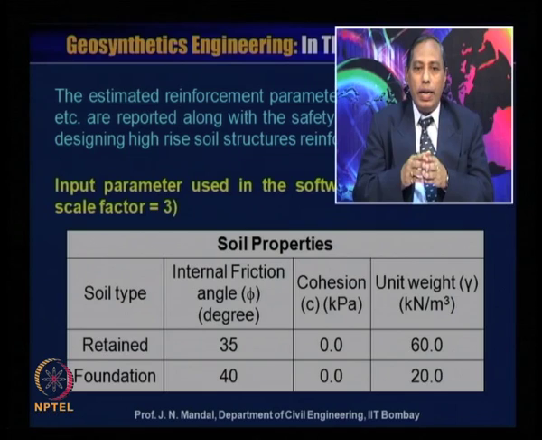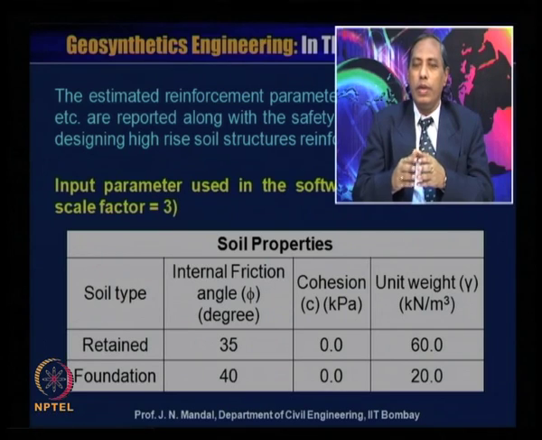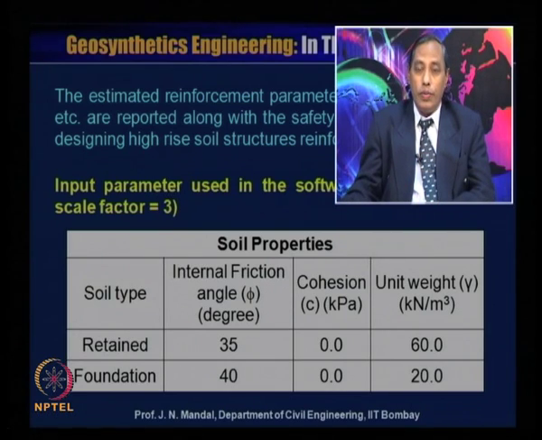The internal friction angle phi is 35 degrees for the fill and 40 degrees for the foundation. Cohesion C in kilopascal is 0 for the fill and 0 for the foundation. The unit weight in kilonewton per meter cube for the fill soil is 60 and for the foundation 20. You can see how we have applied the scale factor of 3 times. That is why the unit weight of the fill soil is 60 kilonewton per meter cube.